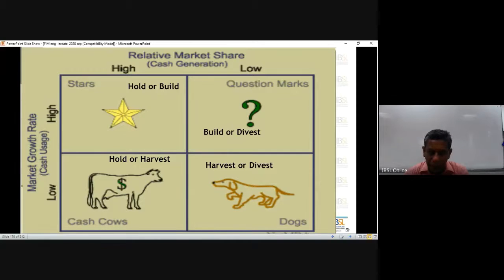Your own bank's products, maybe credit products or savings products, whatever product you name, based on your market share and market growth, can be plugged into these four units. First, you need to understand that.